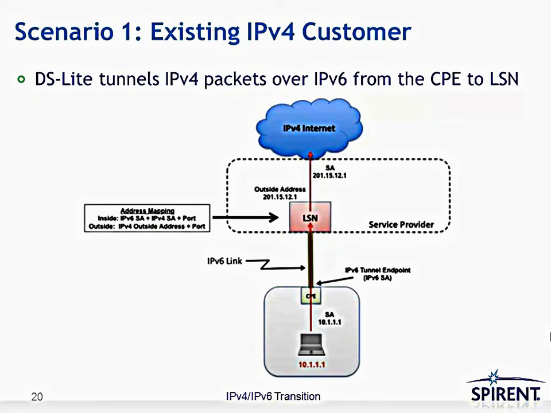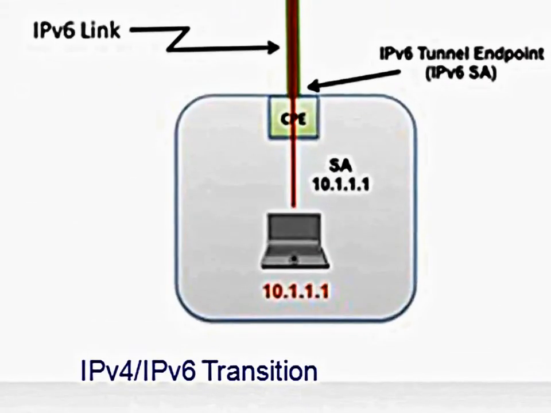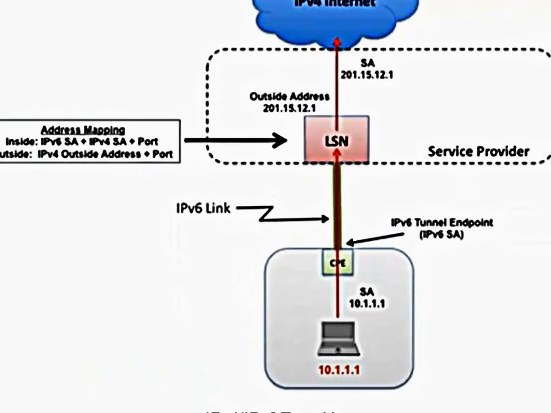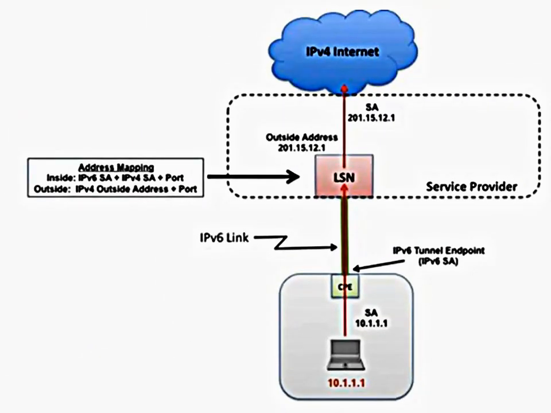So I'm going to cover three scenarios for DS-Lite, the first one being an existing IP version 4 customer. In this case, the customer, as you can see at the bottom of the screen here, has a private IP version 4 address of 10.1.1.1, and its CPE is going to just encapsulate the packet over the service provider's IPv6 infrastructure, but not have to worry about doing any NAT.